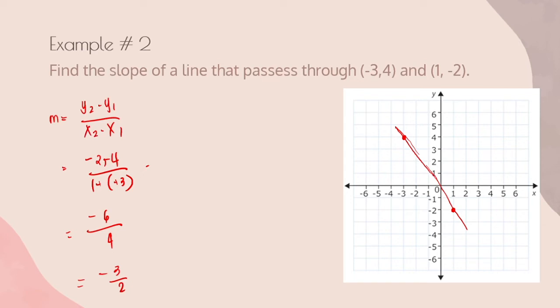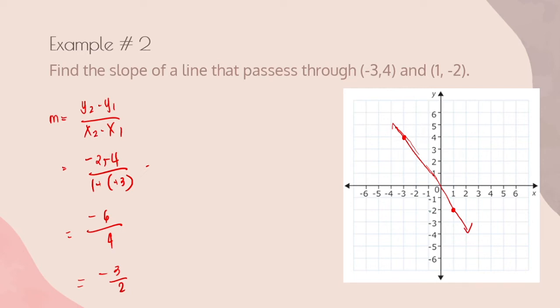So let's see. Note that for every 3 units the line moves up, it moves 2 units to the left. So let's use another color of pen so that it would be easier for you to identify how the movement goes. Let's start with 1, -2. So we move 2 units to the left.